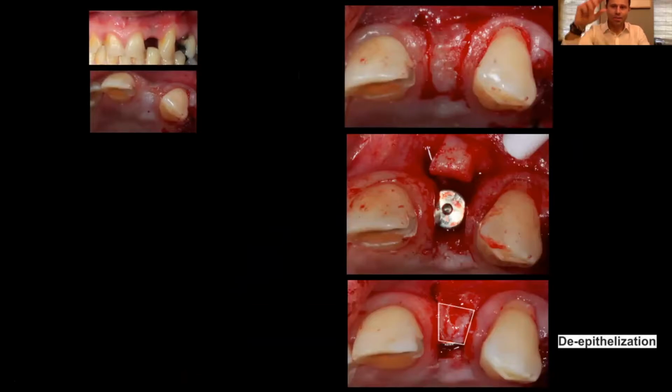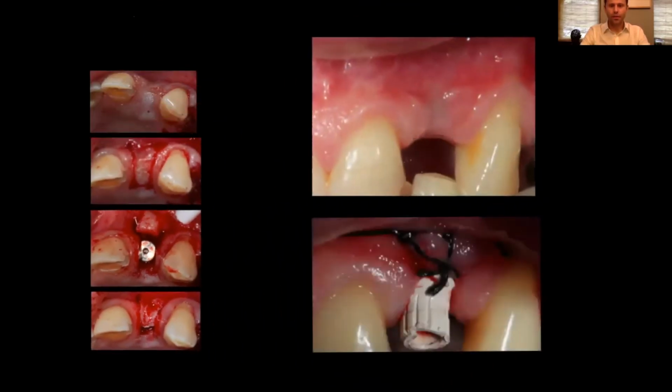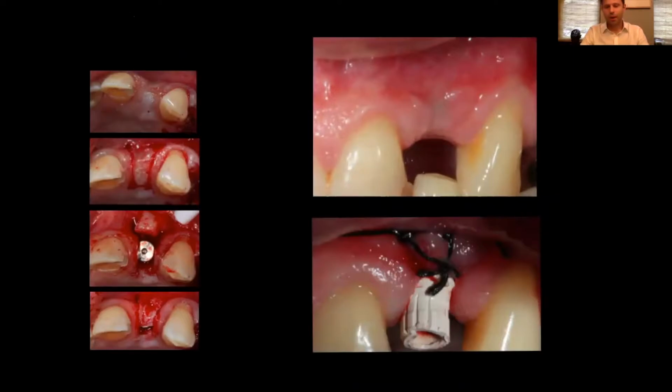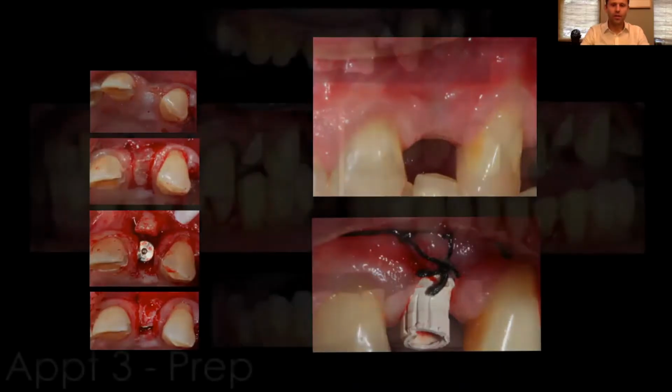And that's what allows me to take the excess tissue and roll it onto the buccal to make that tissue thicker, so that we can get good emergence, so that we can have extra tissue to support the implant, because we know tissue is an important part of this game. So that was all done on week 1. When I saw him, I put a temporary abutment in there to let the tissue start healing around it.